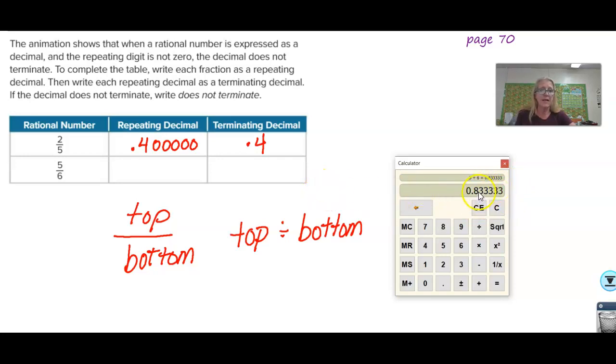But this is going to be 0.8 with the 3 that repeats. So we're going to write 0.83, and then we're going to put the bar over the 3 to show that the 3 is going to repeat. All right? It is not terminating. Does not terminate.